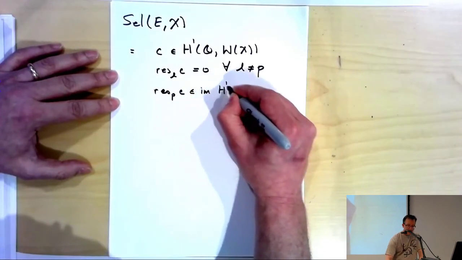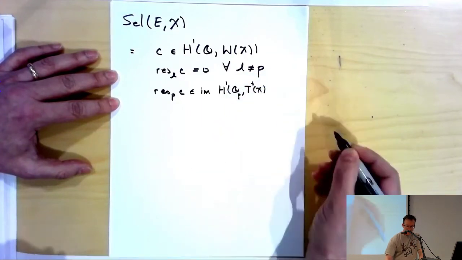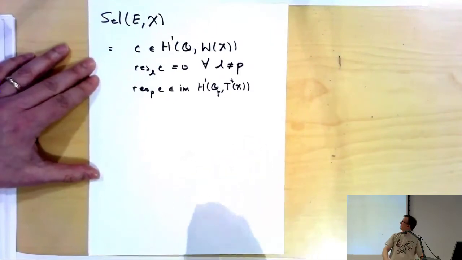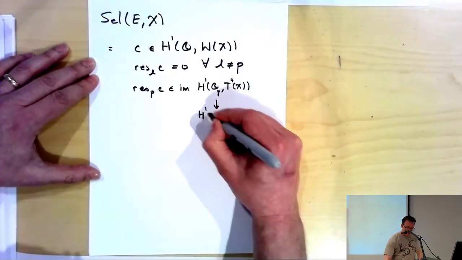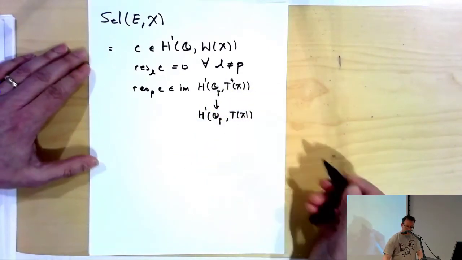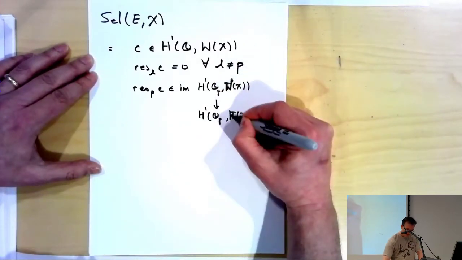So if we have H1 of QP of T plus chi, the map induces a map into H1 of QP of W of chi. Actually, this should be W, sorry, W chi.